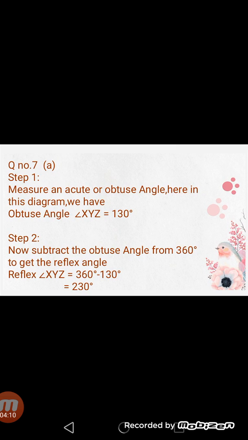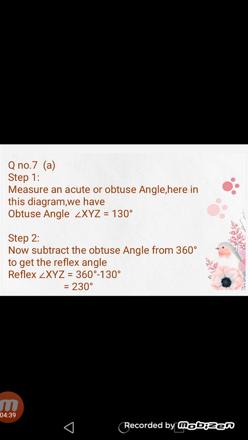Now you can see these steps on your screen also. In step number 1, we measure an acute or obtuse angle which is given in the diagram, and we have that angle XYZ is equal to 130 degree. Now in step 2, we will subtract that angle, 130 degree, from 360 degree to get the reflex angle.